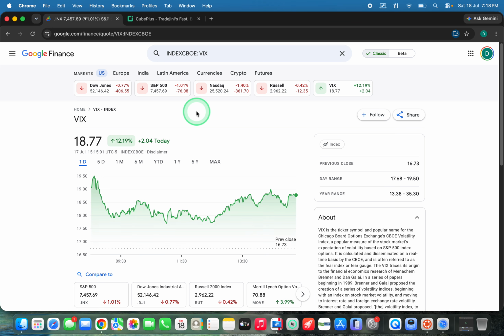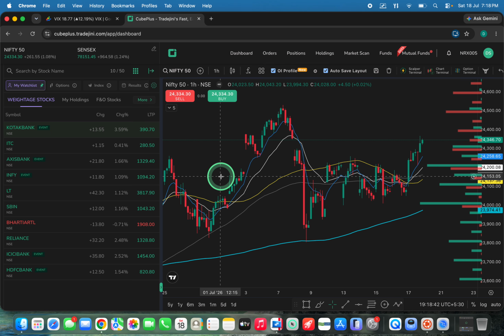I'm going to get to the algorithm, but first just get to know the basics. So we have kept in mind the global picture. We have kept in mind the daily chart, what had happened. Now come the weightage stocks.